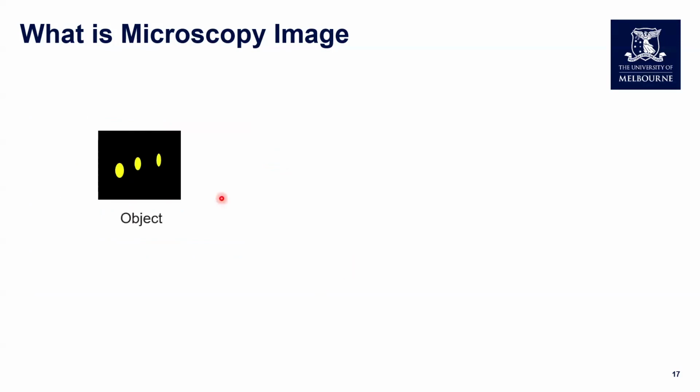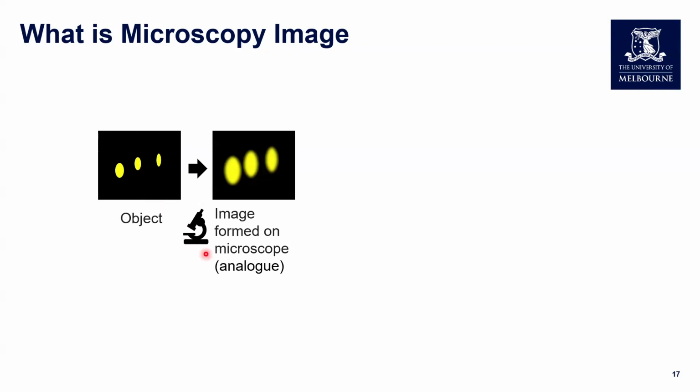To understand the basic requirements of acquisition that I mentioned before, first we need to know what a microscopy image actually is. Let's say that these are the fluorescence signals of our objects. When we use the microscope, this signal will be formed as an image through the optics. This is currently an analog and continuous signal.